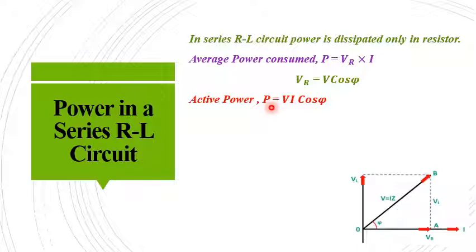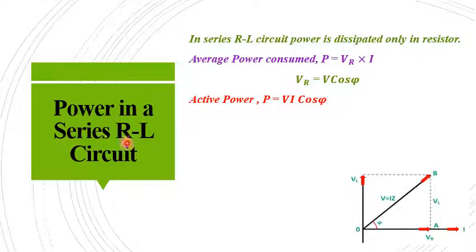Then the second component of the power in the case of an AC network is your reactive power. This reactive power is the power that is circulating in the inductor as well as the capacitor. And this reactive power will not be available for useful work because this power will be circulating in circuit elements such as inductor and capacitor.